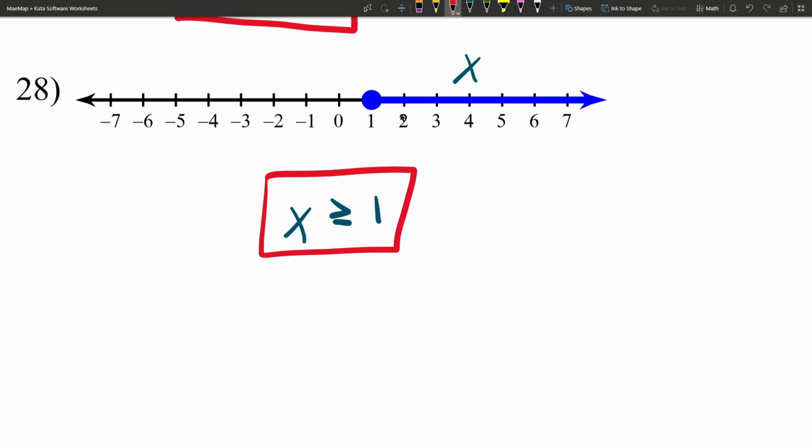Again, 2 is greater than or equal to 1, 3 is greater than or equal to 1, 7 is greater than or equal to 1, and this continues on. For example, 99 is greater than or equal to 1, x is greater than or equal to 1. And there we have it. That's our last solution on this worksheet.